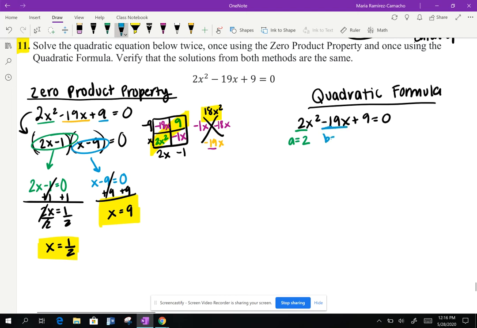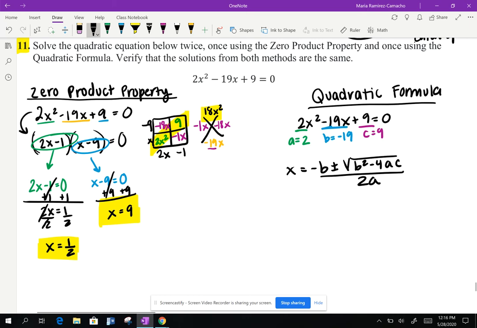B is always the number in front of x. And C is always the constant term. And if you are missing any of these terms, you can just plug in 0 for whatever that missing term is. And our formula is x is equal to negative b plus or minus the square root of b squared minus 4ac all over 2a.